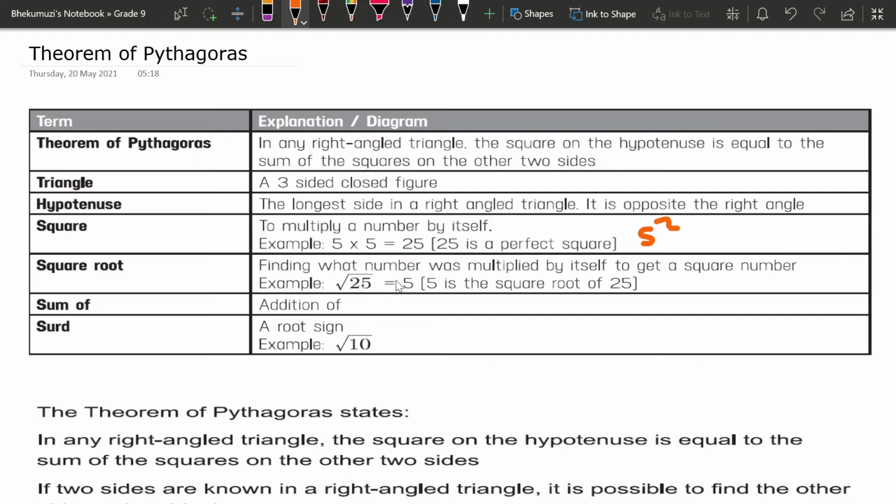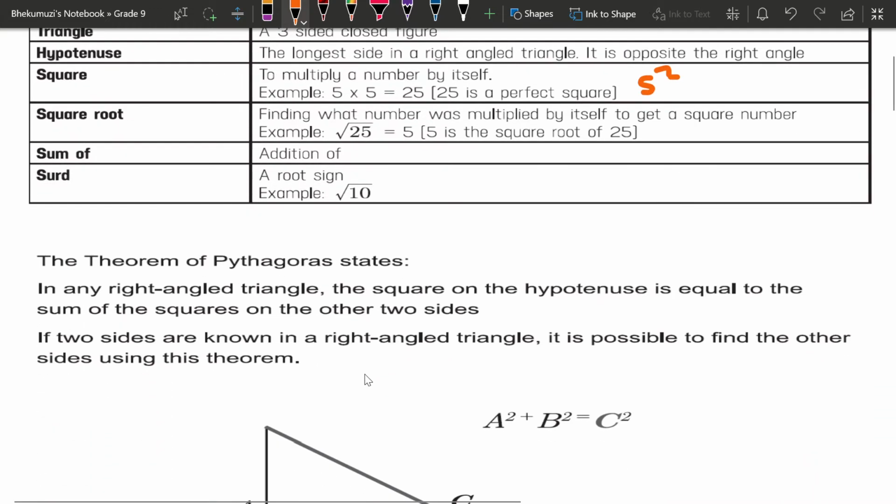The square root of 25 is 5, yes. Sum of means the addition of. And you heard here it says the sum of the squares, meaning there are two sides that are being squared, but also they are being added together separately. And this is what you find, that there are two sides that are squared, but they are being added together to give you the hypotenuse.